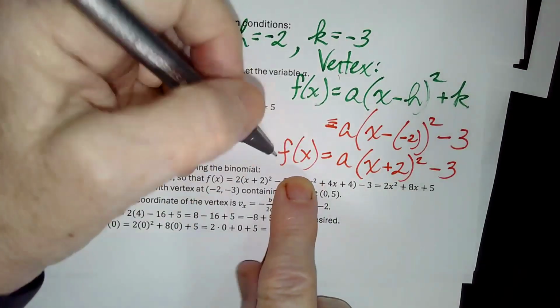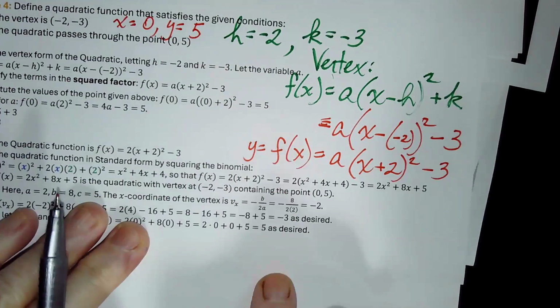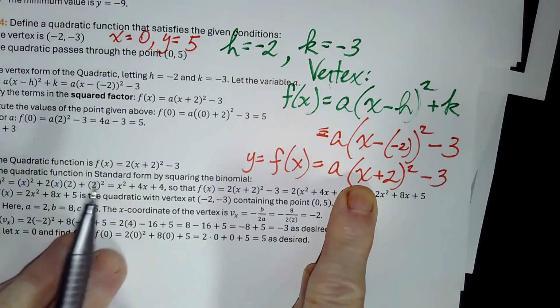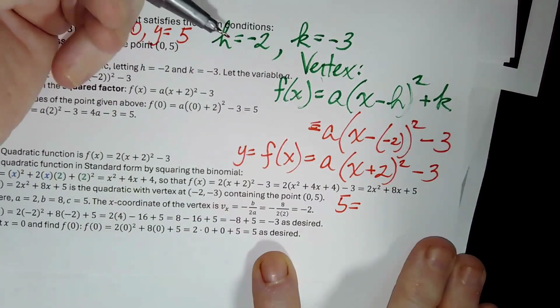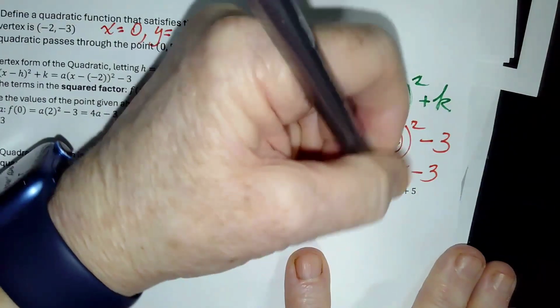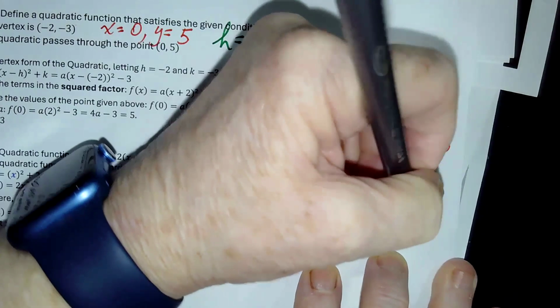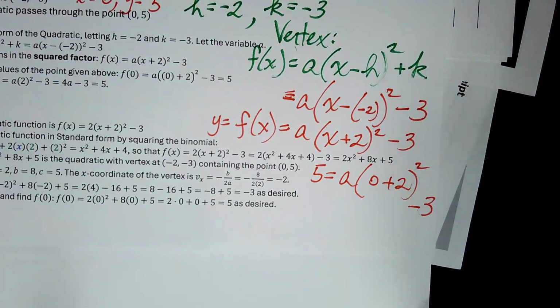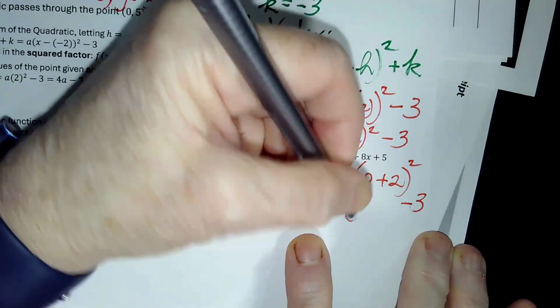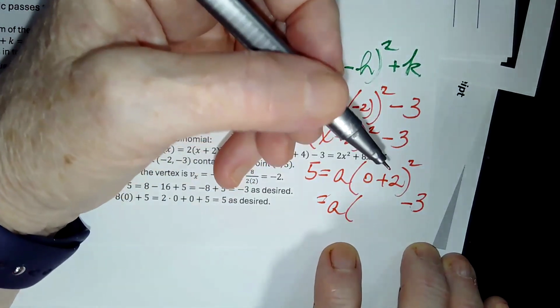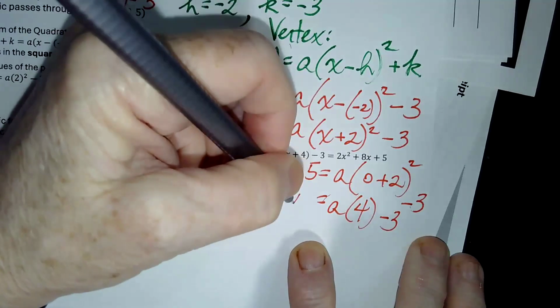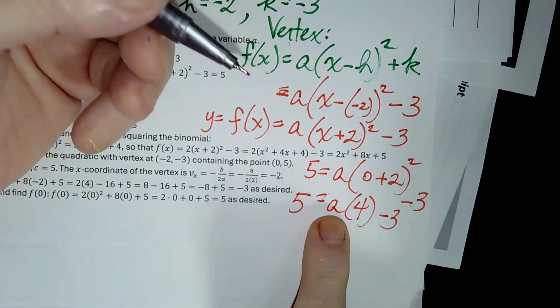So it's 5 equals a times (0 plus 2) squared, minus 3. 0 plus 2 is 2, and 2 squared is 4. We have this equation: 5 is equal to 4 times a minus 3.